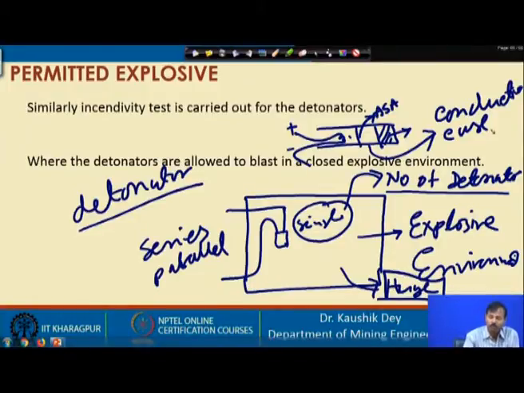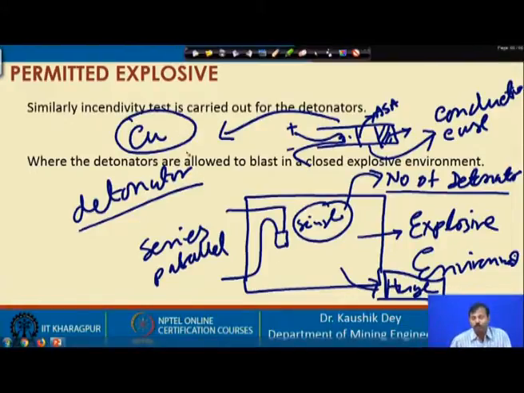Normally copper tubes are used as the conductive material, so that the heat generated by the initiation of the PETN or the azide is taken by the copper casing, and the heat coming to the flame is reduced enough.